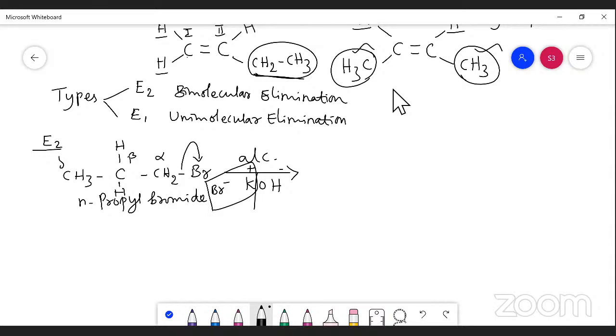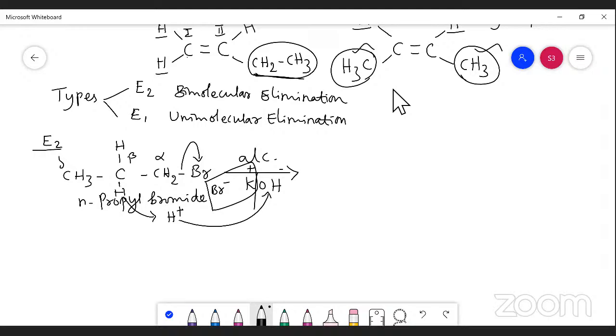Next, any one hydrogen you take, this hydrogen comes off as H plus, and this will be added with the OH minus and becomes water. Okay, this is a side product.